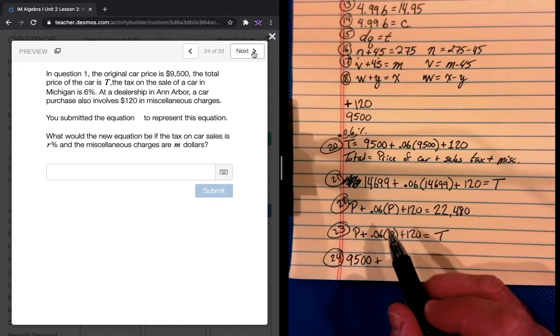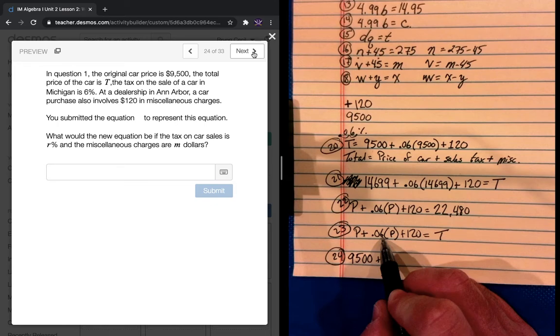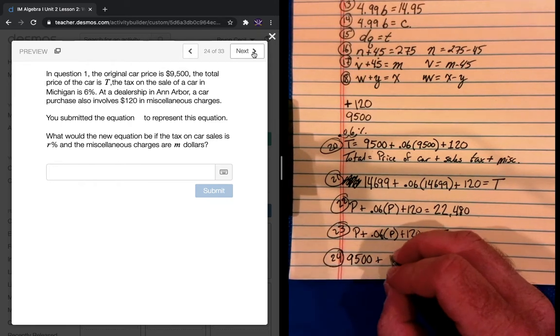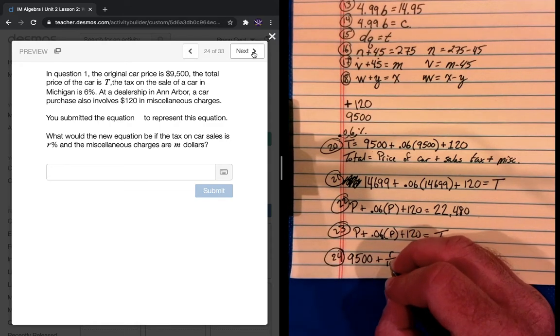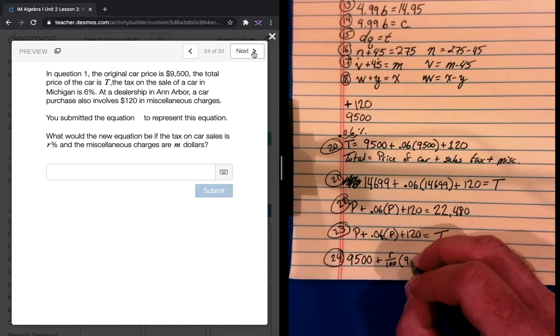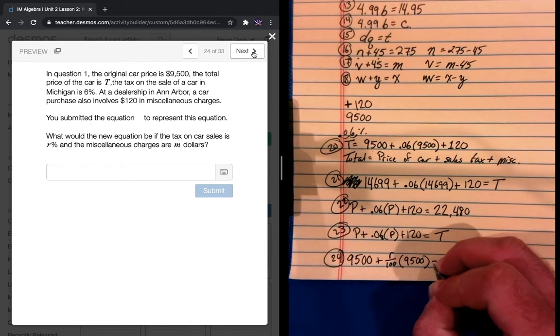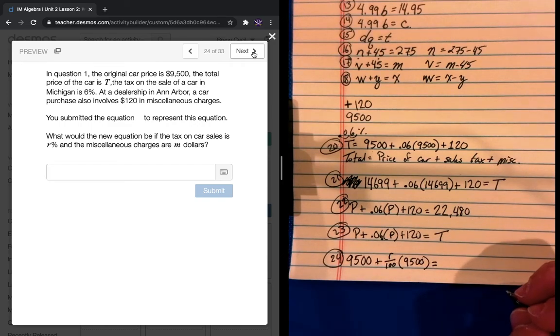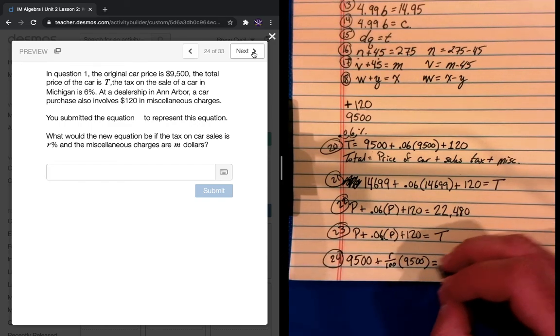Now, instead of looking like it did up here where it'd be 0.6, we got 0.6 because you took the 6% and you put it over 100. So we're going to have to do that same thing, the R over 100, so we can turn it into a decimal. Then you're still taking it times that 9,500.